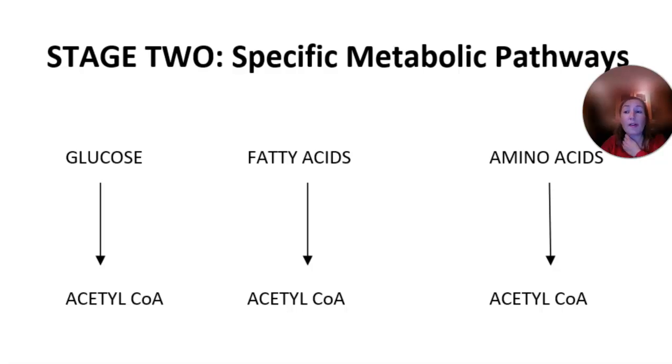Glucose will have to be converted to acetyl-CoA. Fatty acids will have to be converted to acetyl-CoA, and amino acids will have to be converted to acetyl-CoA. So in each case, we're going to have a specific stage 2 metabolic pathway. Now that we've learned about digestion, that's our next step.